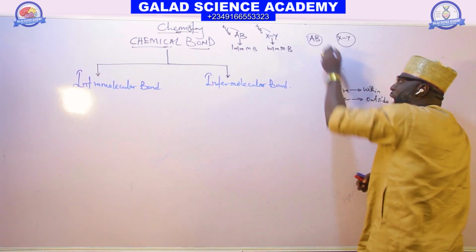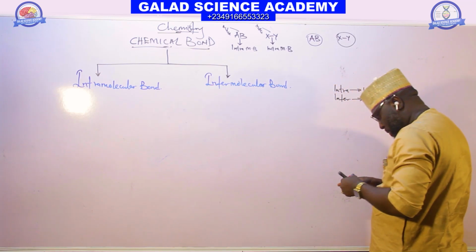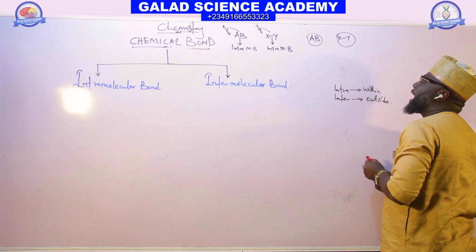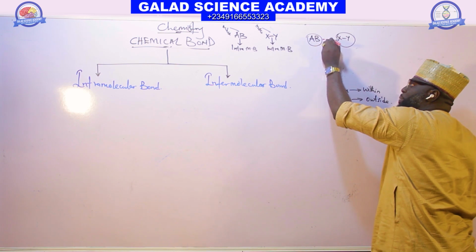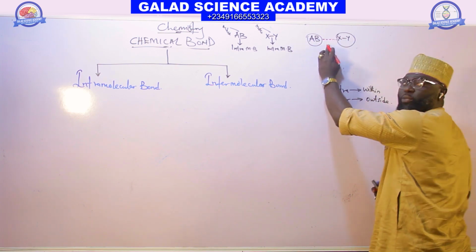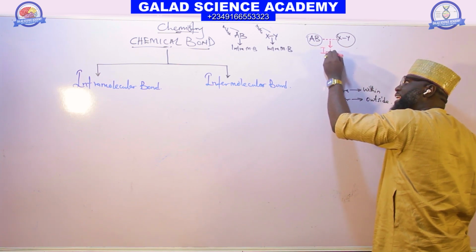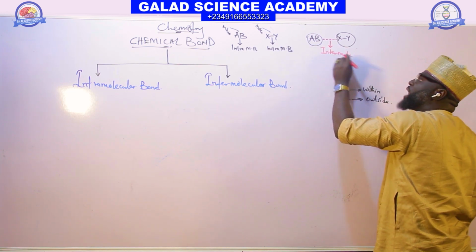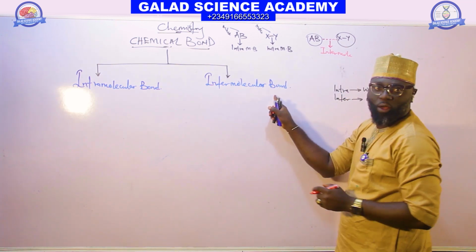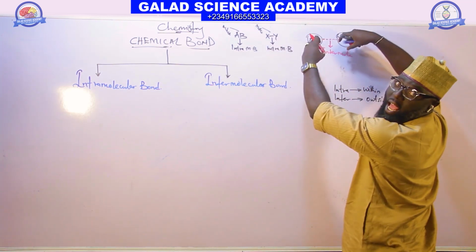But if I now combine AB and XY together with this broken line, the bond we have there is called intermolecular bond. You can see that it joins two molecules together.